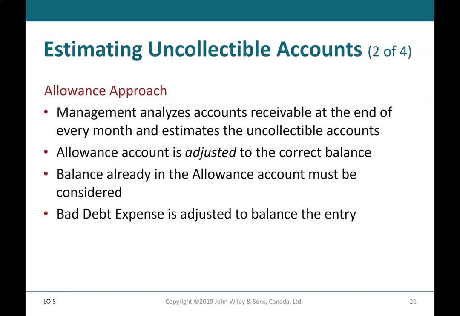Estimating uncollectible accounts, 2 of 4, allowance approach. Management analyzes accounts receivable at the end of every month and estimates the uncollectible accounts. The allowance account is adjusted to the correct balance. The balance already in the allowance account must be considered. Bad debt expense is adjusted to balance the entry.